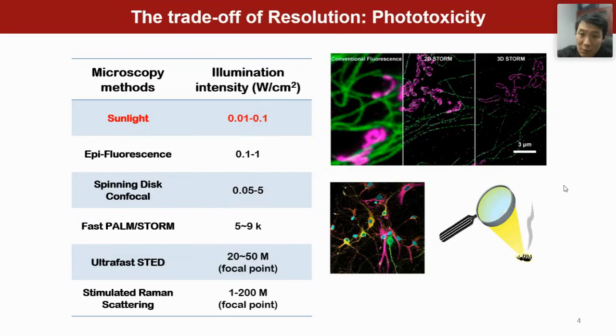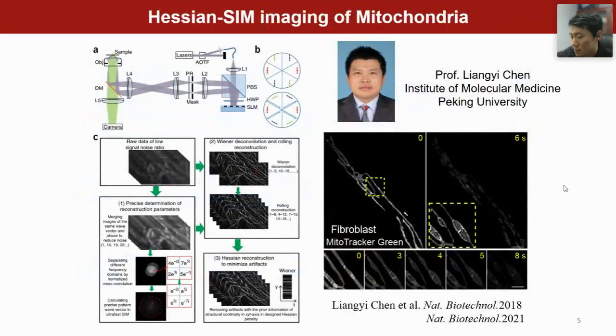So the question is how to tackle it. In 2018, I joined Peking University, and I'm fortunate enough to work together with a brilliant microscopist, Professor Zhixing Chen. At that time, he invented a new microscope that is basically a very mild confocal, very mild super resolution solution, combining new optics and new algorithm.